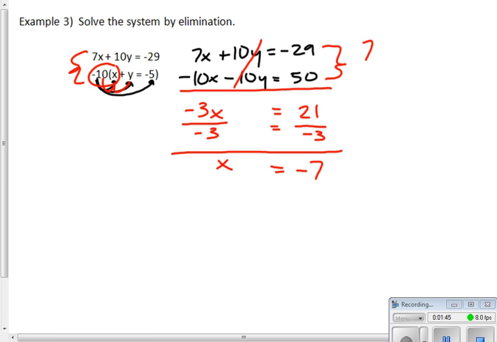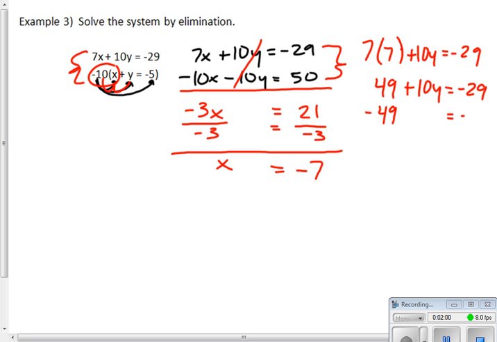So 7 in for x is 7 plus 10y equals negative 29. We have 49 plus 10y equals negative 29. Subtract by 49. And we wind up with 10y. And actually, sorry, I had a negative 7. So that negative 7 goes up there.